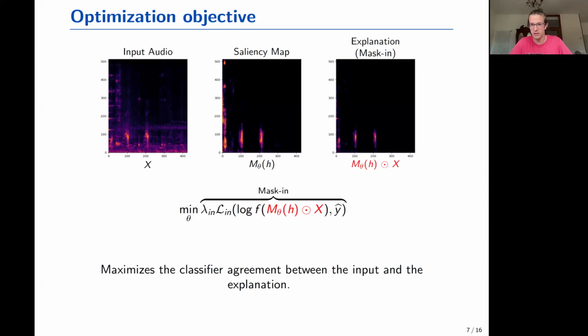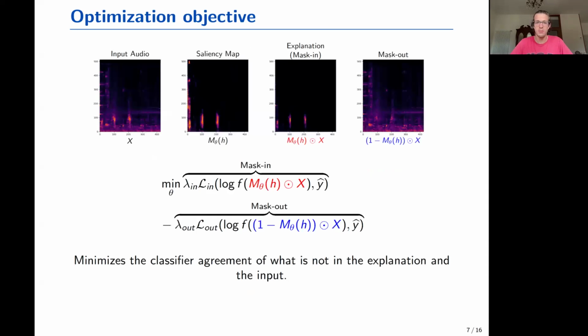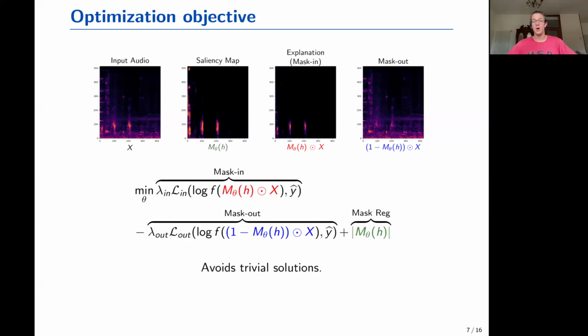In order to do that, we use a second term which minimizes the classifier agreement between the input audio and what is not in the explanation, that is the masked out portion of the audio. Finally, we also add a regularization term, which is an L1 norm on the predicted masks to avoid trivial solutions such as an all-ones mask.